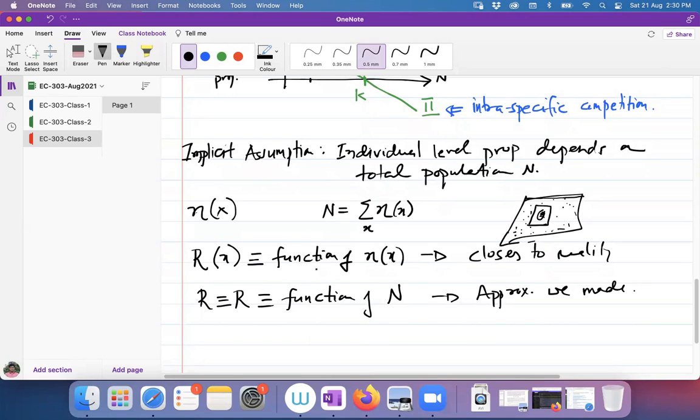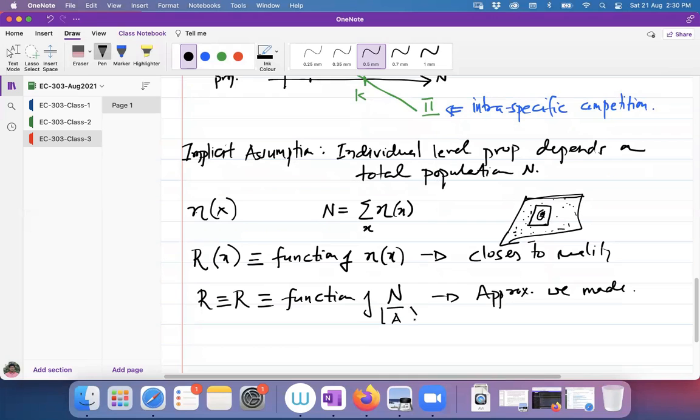What have we done from small n of x to capital N? If you were to think of capital N as the average, I can also divide N by the area of the landscape.